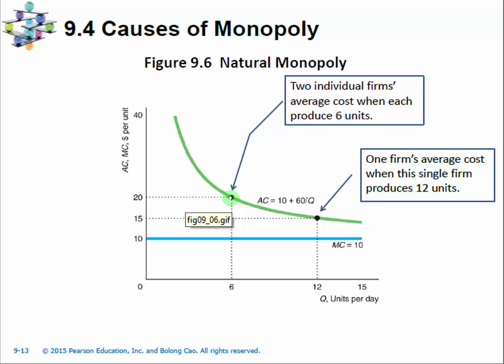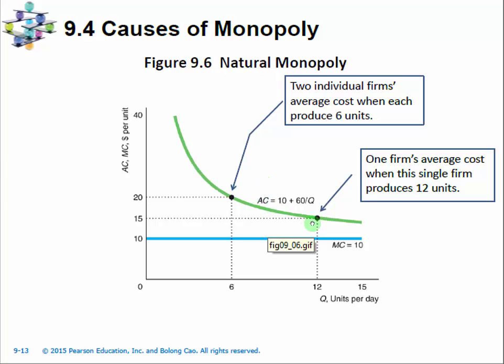However, now consider we only need one firm. Then this $60 can be spread over 12 units. That means for each unit, we only need to add $5 as average fixed cost onto the marginal cost of 10 to produce it.